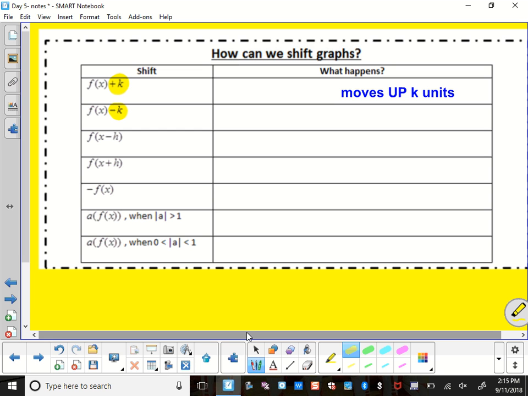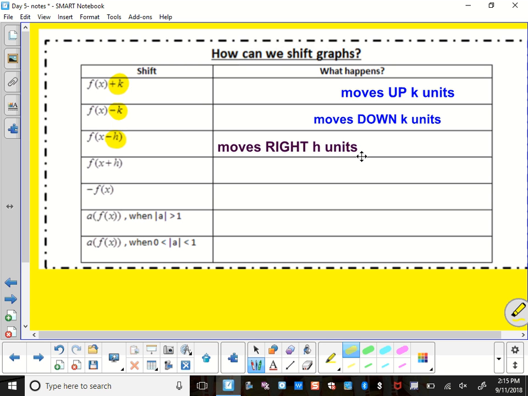When it's a minus, we're going to move down. Inside the parentheses, if it's minus a number, we're going to move right. And if it is a positive number, I'm going to move left.